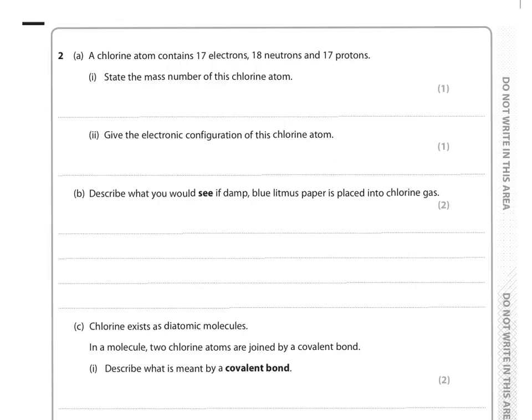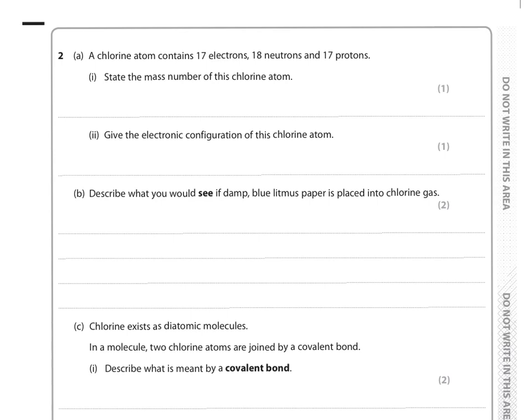The paper starts on question 2 and it says a chlorine atom contains 17 electrons, 18 neutrons and 17 protons. State the mass number of this chlorine atom. The problem there is that if you look up the relative atomic mass of chlorine on your periodic table, it gives you a value of 35.5.